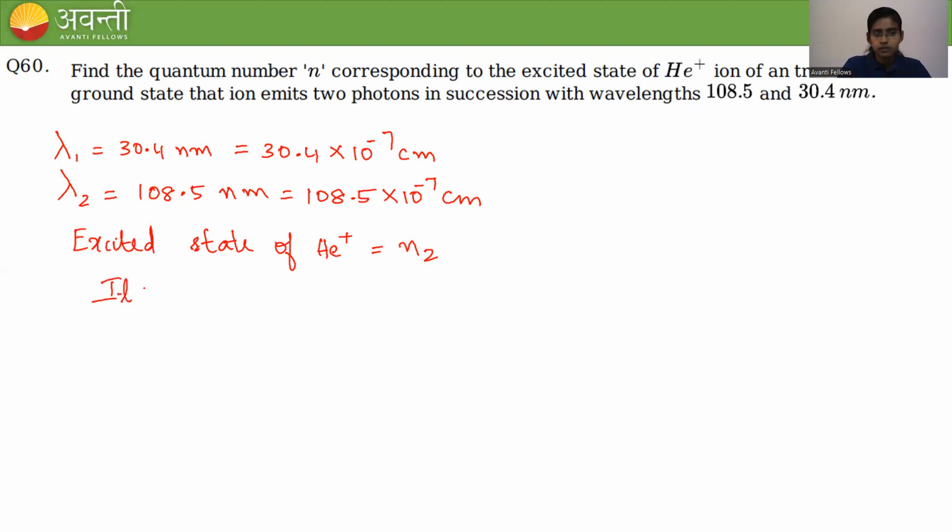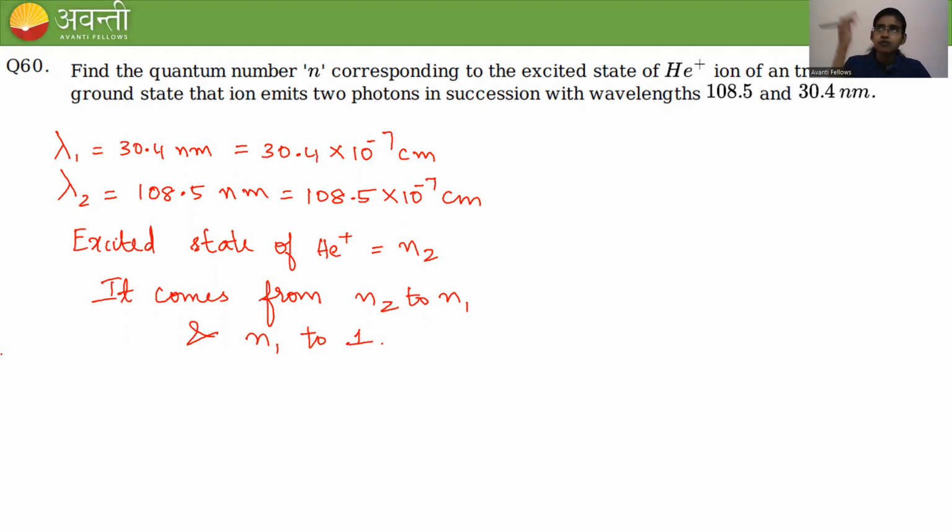First it comes from n2 to n1 and from n1 to the ground state 1. Got it?